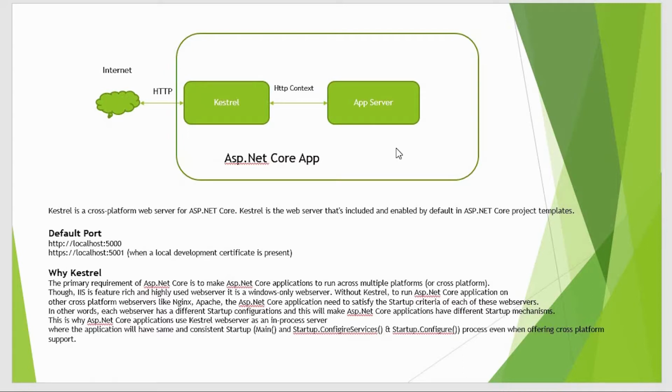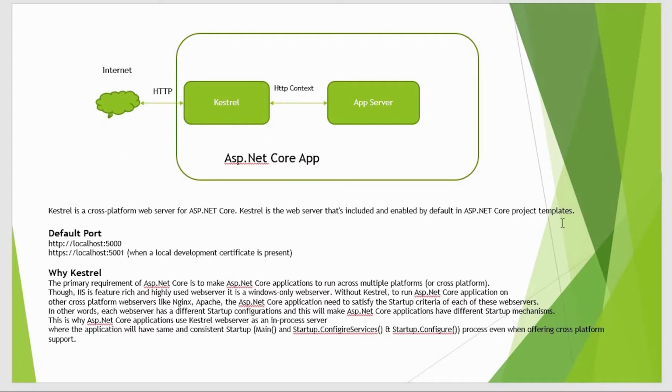It can be deployed onto the Linux server, the Windows server or the Mac server. Kestrel is a cross-platform web server for ASP.NET Core. It is the web server that's included and enabled by default in ASP.NET Core project templates.